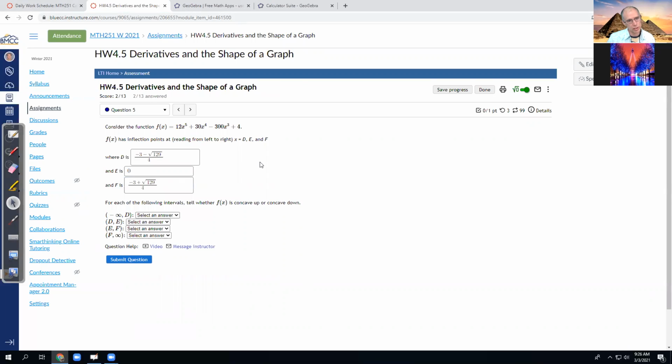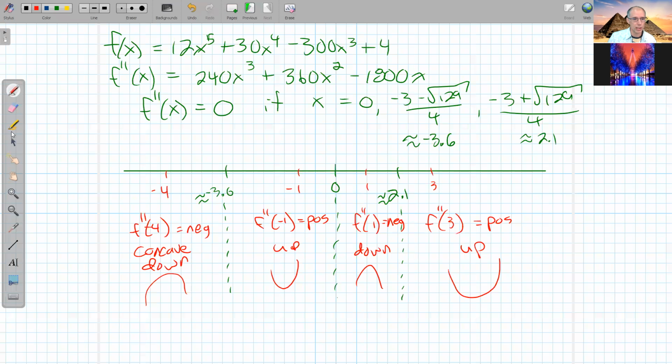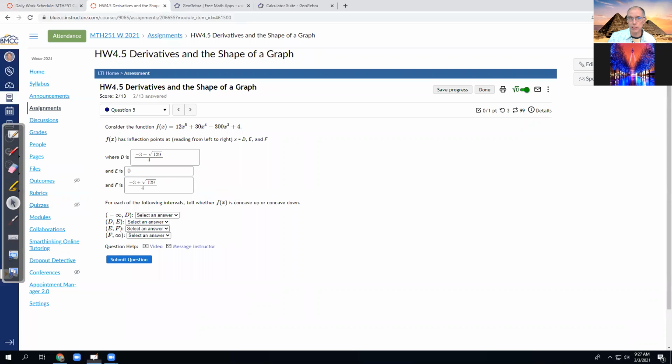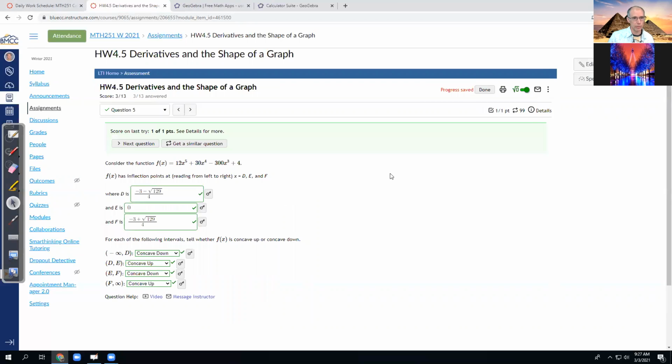So those are our numbers, and we did find that each of these did change concavity. And so the first one was back here, concave down, and then it alternated regularly. So down, up, down, up. But you got to check because there's no guarantee. And we got it.